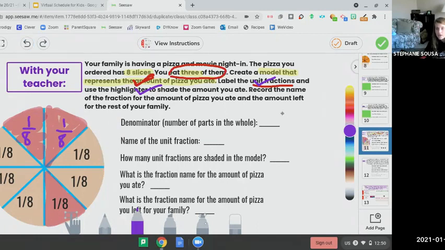Denominator, number of parts in the whole. There are 8 slices of pizza on this whole thing. Name of the unit fraction. 1 part of this pizza is called 1/8.